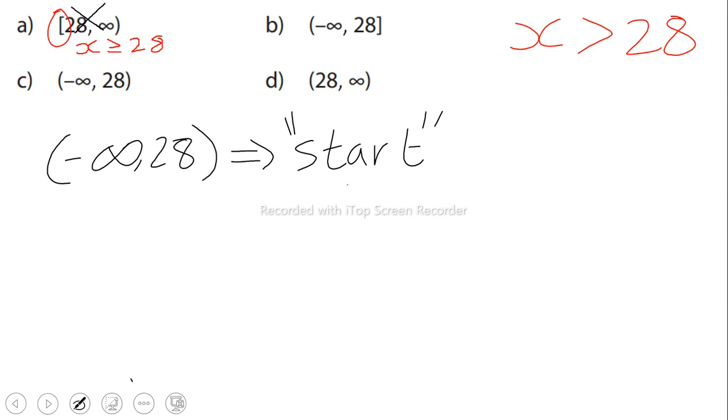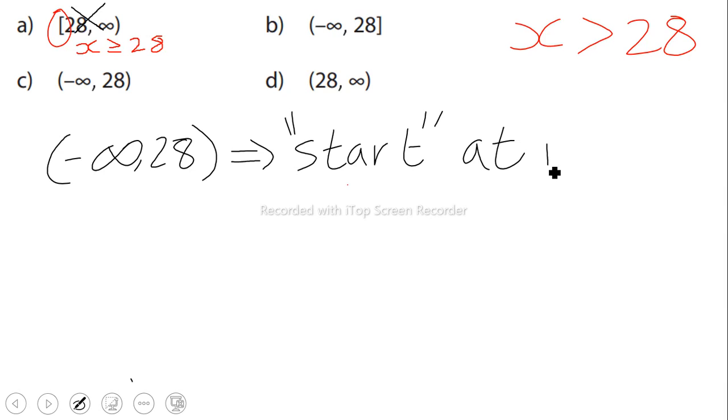I hate to say start at 28, because we do not include 28 inside our set. So let's not say that.